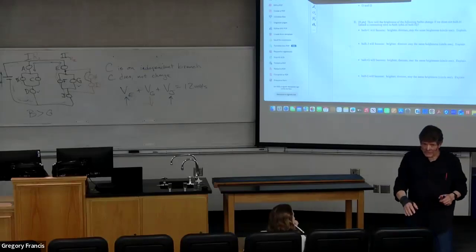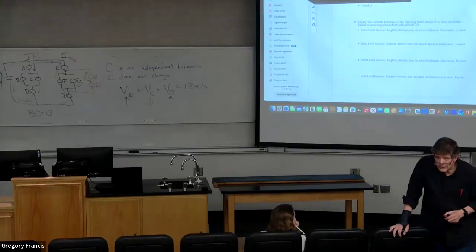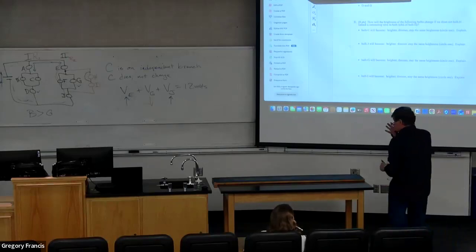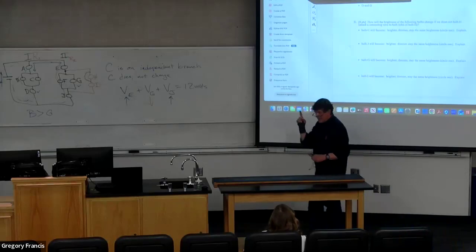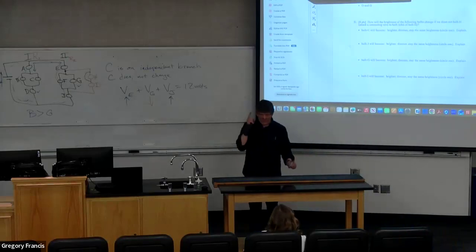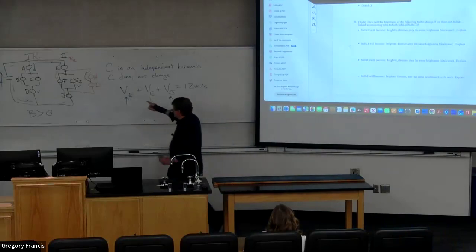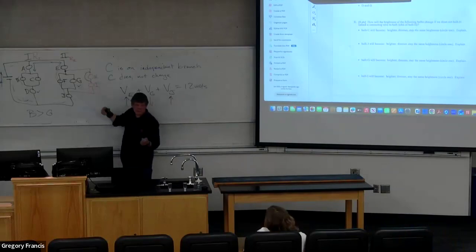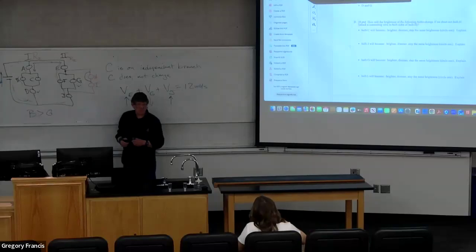Can you explain again why branch two's current went up when you shorted that out? Oh, there's 4 ways to change a circuit. I can add a path, I can remove a path, I can clutter an existing path or declutter a path. By shorting out bulb H, I like to think of it as adding a new path, a really good path, a path with no resistance on it.